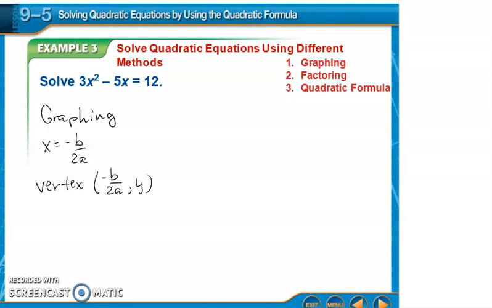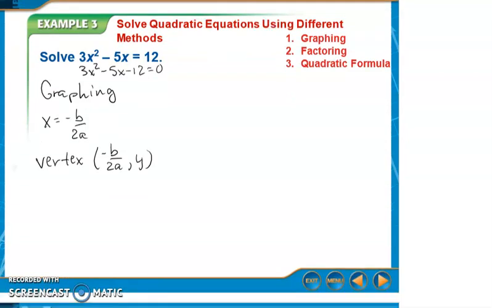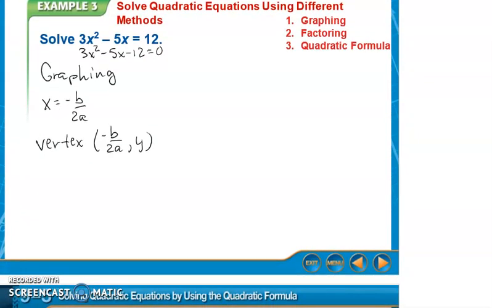All of these you have to put in standard form first, because if you don't do that, you won't have the correct a, b, and c signs. Then you would graph those 2 points and then graph a couple more by making a points table of x and y values.